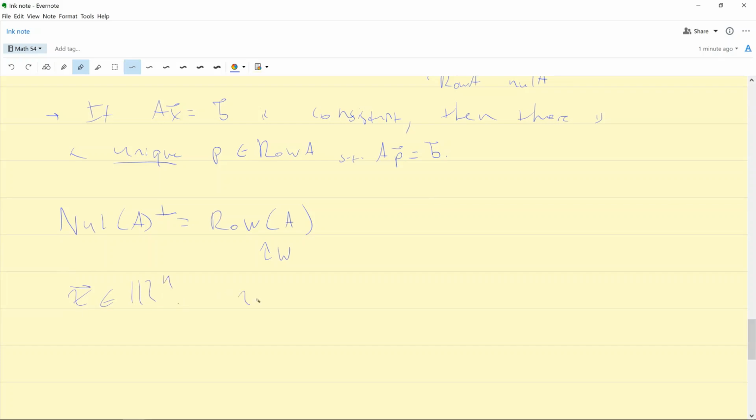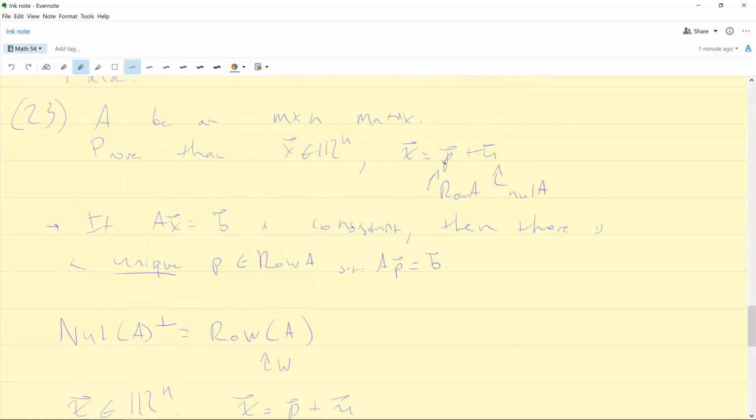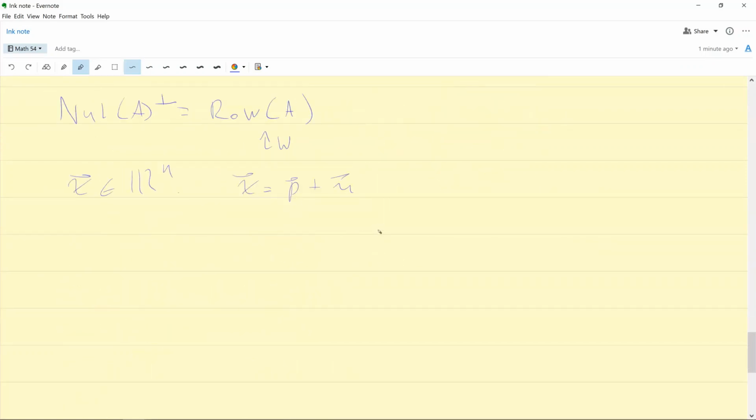By decomposition, we can write x as p plus u. If Ax is equal to b, then A of p plus u is also equal to b, which is Ap plus Au by linearity.